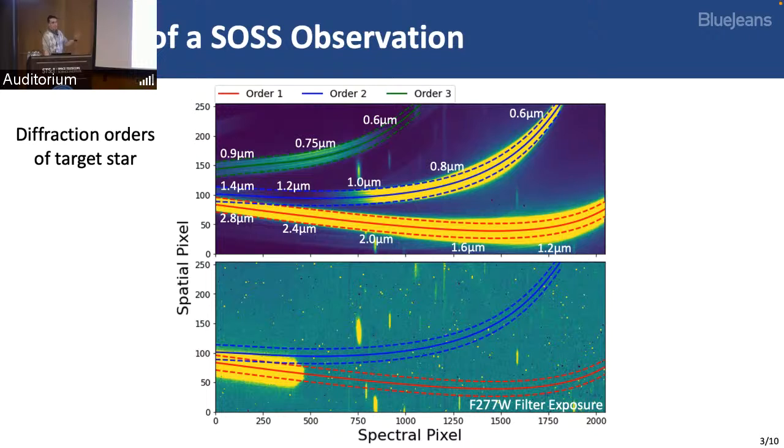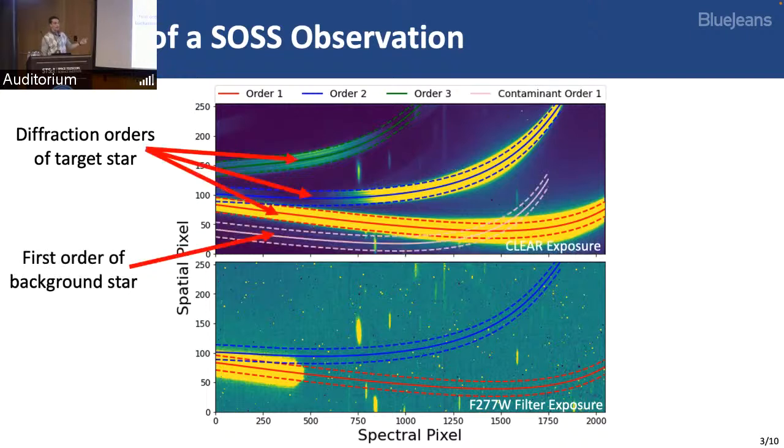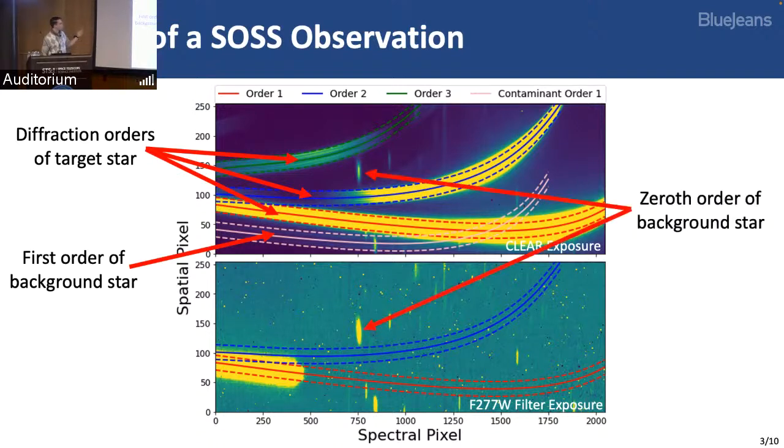Now, SOSS is a slitless mode, which means we have the possibility of background contaminants, because if a background star falls within the aperture, it can be dispersed and fall on our detector. Indeed, right now in pink, I have highlighted a dispersed order 1 of a background star. You can probably notice as well a whole bunch of undispersed order 0s of background stars.